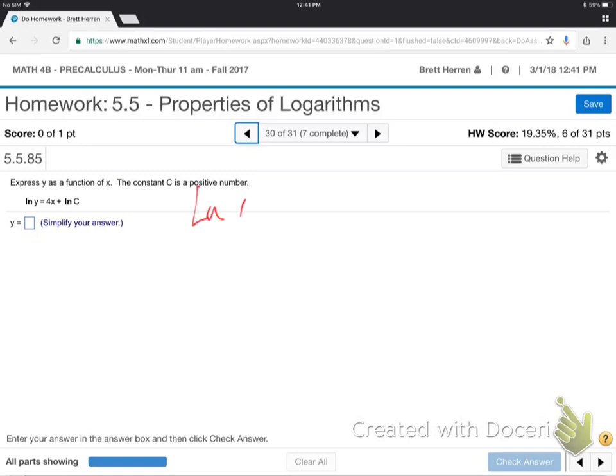So natural log y is 4x plus natural log c. Okay. So how are we going to... Yeah, this one's a little different, isn't it?